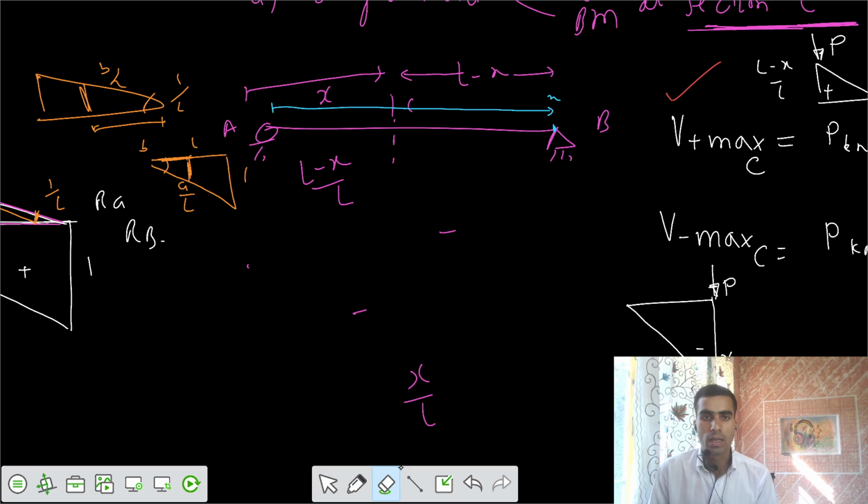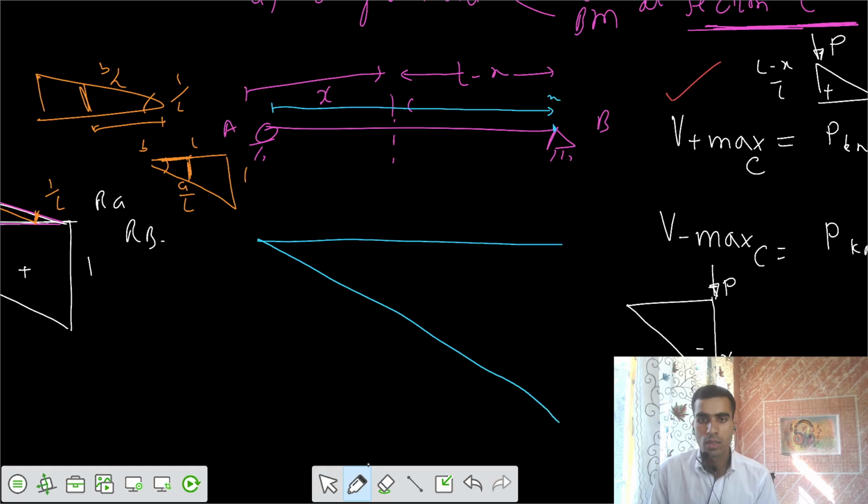Let me try to show that now. I would say the diagram would be in this fashion, such that if X is very small, if this is L minus X, it tends to 0, because we are saying that the value of X is at the support itself. If I try to make that diagram, that would be in this fashion.